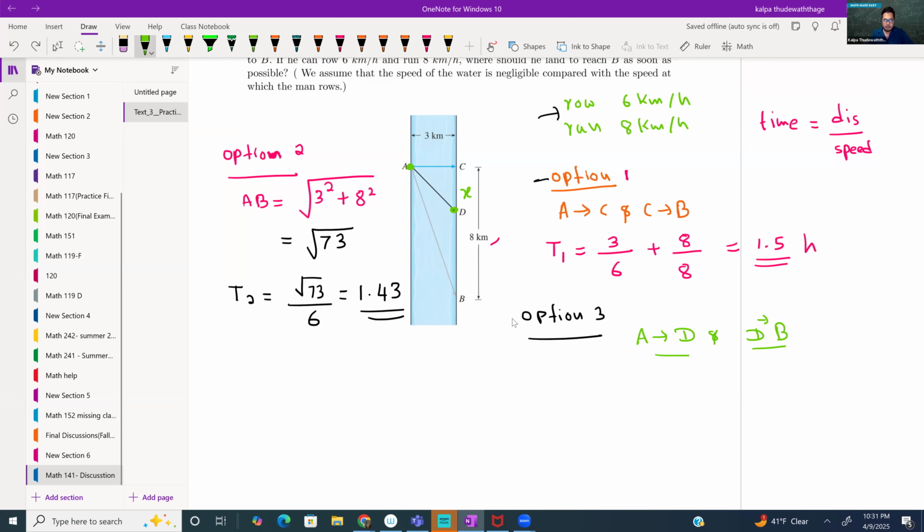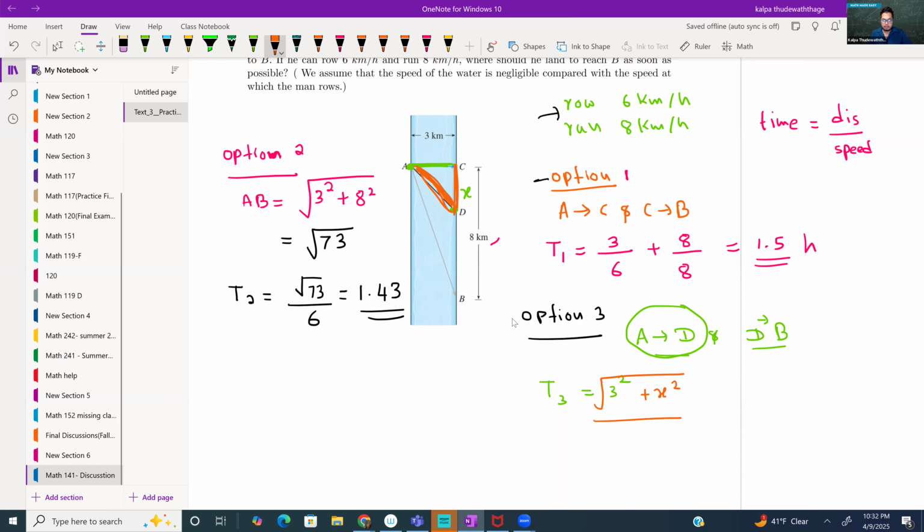So if I take the time as T3, the distance from A to D is really the square root of 3 to the power 2, because that's the width of the river, plus X squared. If you take the square root, you get the length from A to D.